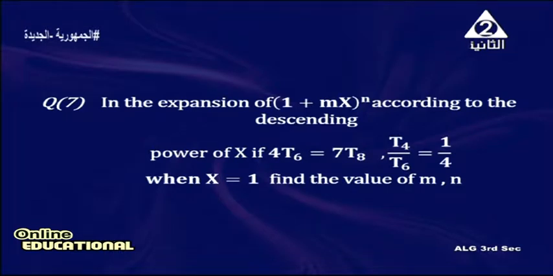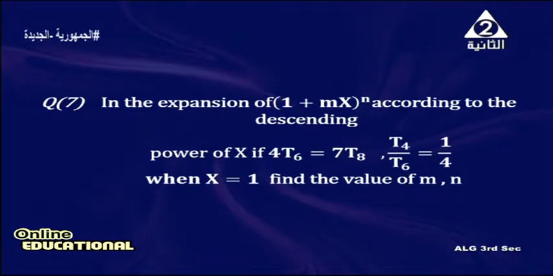My dear student, instead we take t6 = nC5 (second term)^5 (first term)^(n-5). We have a rule. We divide each term by t7: 4t6 over t7 equals 7t8 over t7.